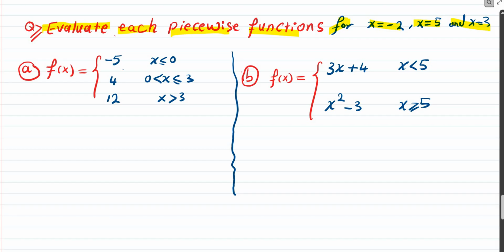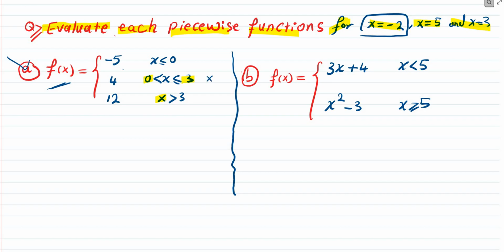For the first one, we have x equals negative 2. Dear students, for f of x, part A, which condition does negative 2 satisfy? Is negative 2 greater than 0 and less than 3? Of course not, right? Is negative 2 greater than 3? Of course not. So it doesn't satisfy these two conditions, but it satisfies this condition, because negative 2 is less than 0.